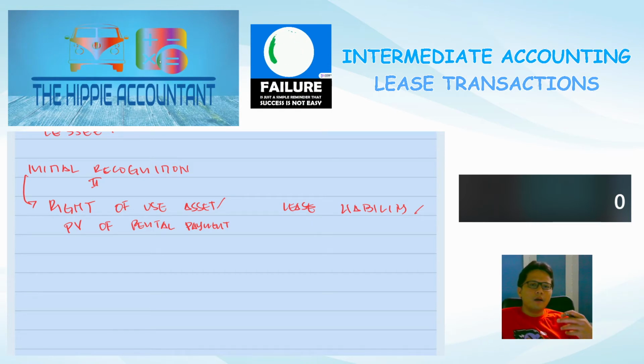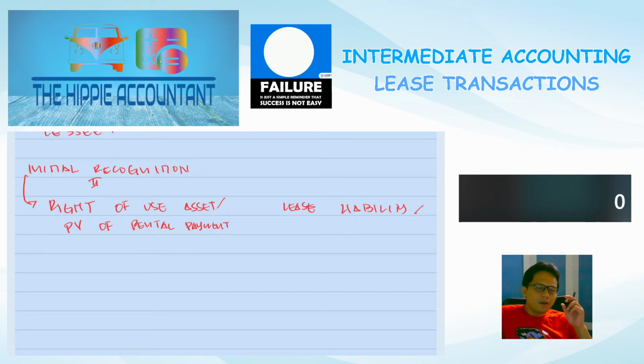Okay. Pag si lessee ngayon is required by the agreement to pay yung tinatawag natin na mga initial direct costs or yung mga direct costs na kailangan for the transaction to be perfected. Otherwise, kung walang lease transaction, wala ito na mga costs. Okay? Yan yung tinatawag natin na mga initial direct costs.